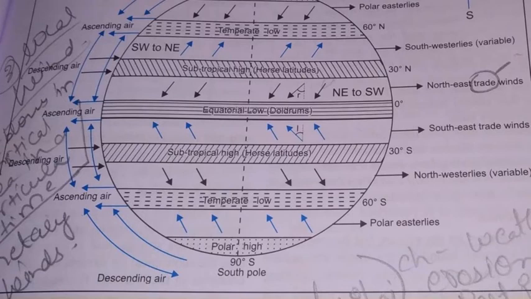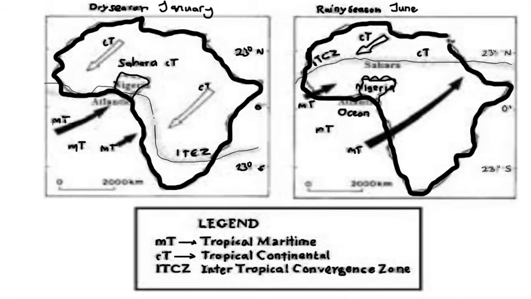Winds that leave this area into the equatorial low pressure belt are called trade winds. Trade winds are winds that blow in a constant direction with a given force. In Nigeria, for example, we have two trade winds that come into the country.